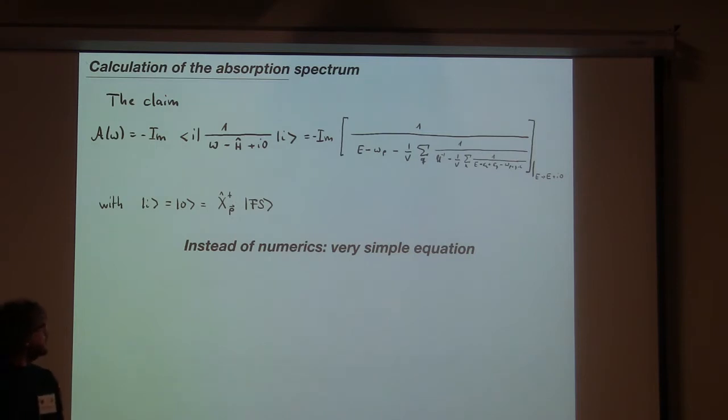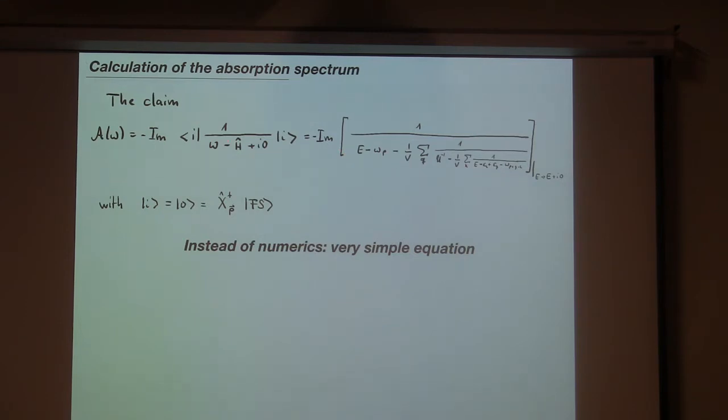So the claim which we want to prove now very briefly is that instead of calculating a resolvent, which is really complicated, since you have to build up the whole matrix, invert it, and calculate this expectation value, which is a nasty numerical problem, we can hope to prove that it's just given by a very simple expression.